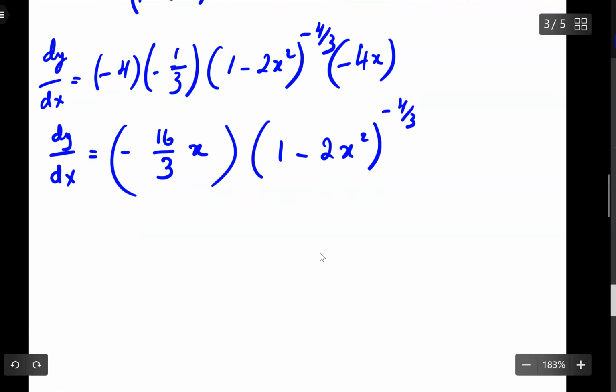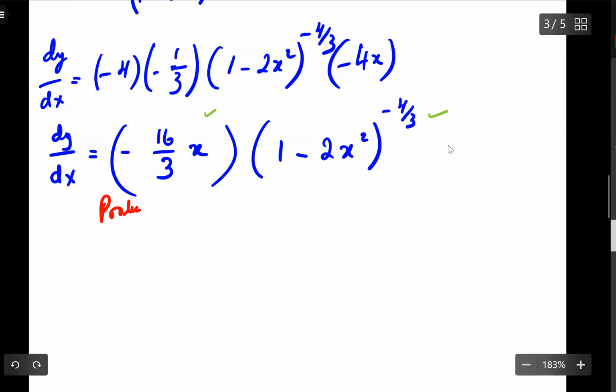Alright, so double check our work first. So that and that, which is correct. Now, you see that you have an x in this term as well. So you have -16 over 3 x, you multiply by 1 minus 2x squared, all of it raised to the exponent -4/3. So to differentiate one more time, you have to apply the product rule.